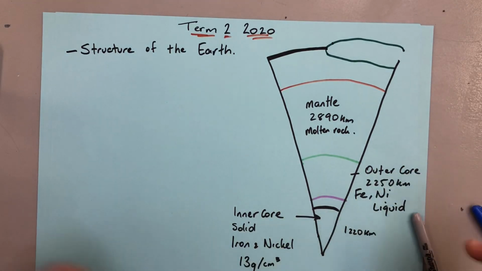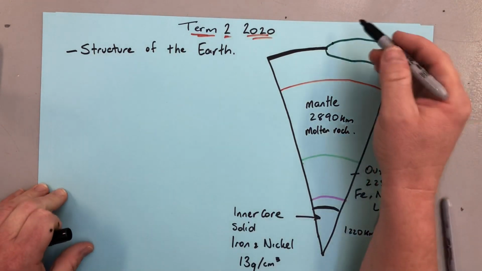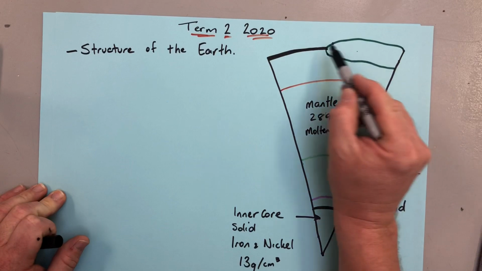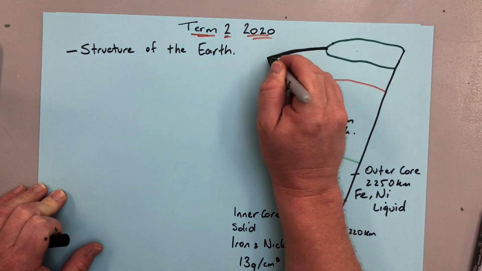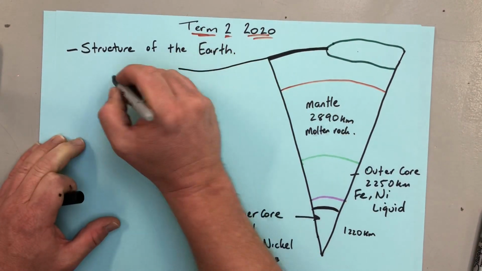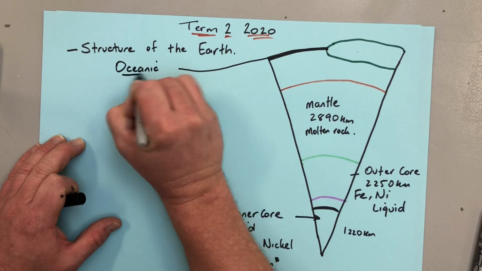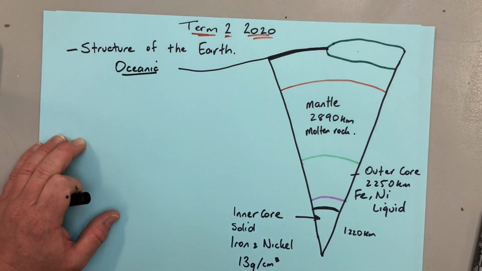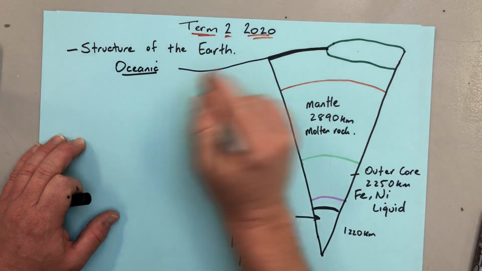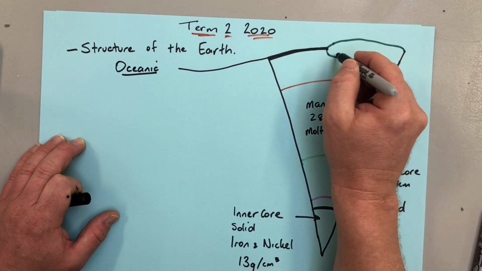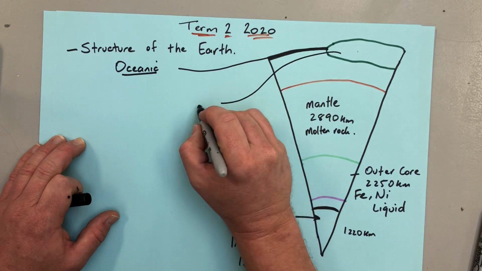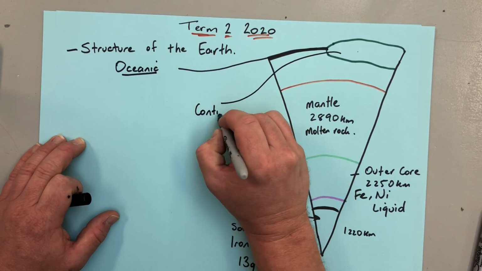Alright, so here we've got our crust, and there are 2 types of crust. One called oceanic. Now, oceanic crust, and this one here, I'm going to just draw my little line down here, this is continental.